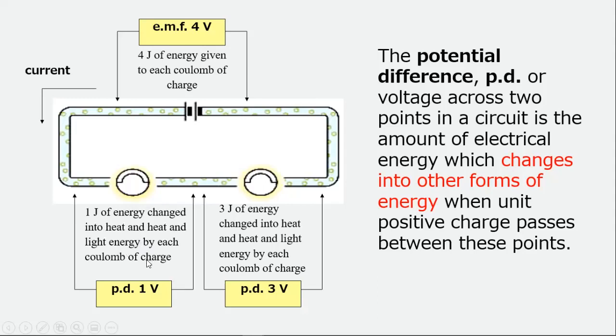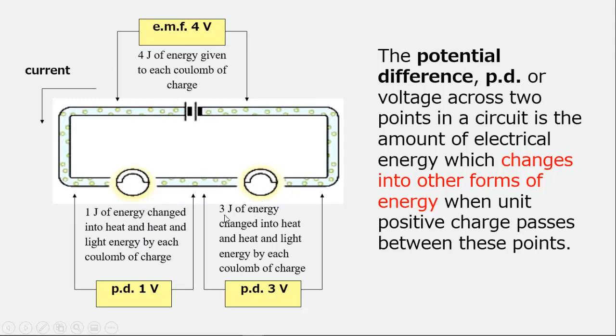each coulomb of charge. So here, 1 volt coming from the EMF, or coming from the dry cell or the power source, has been consumed. Then the remaining 3 volts will be consumed by the other load.